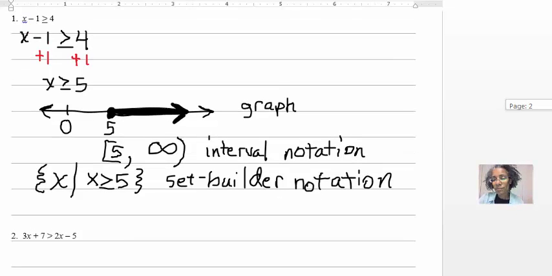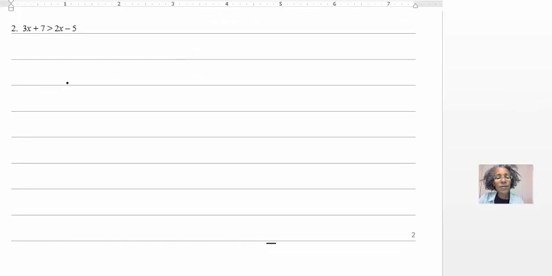All right, here I have an inequality where I want to also simplify this or solve this. And I'm going to recopy it just so things are a little larger. And I'm going to do that by subtracting 7 from both sides.